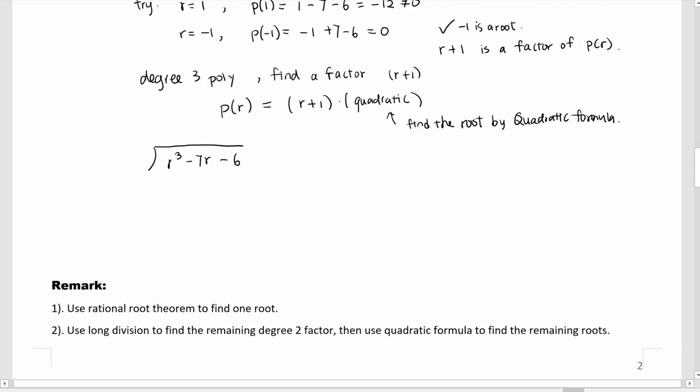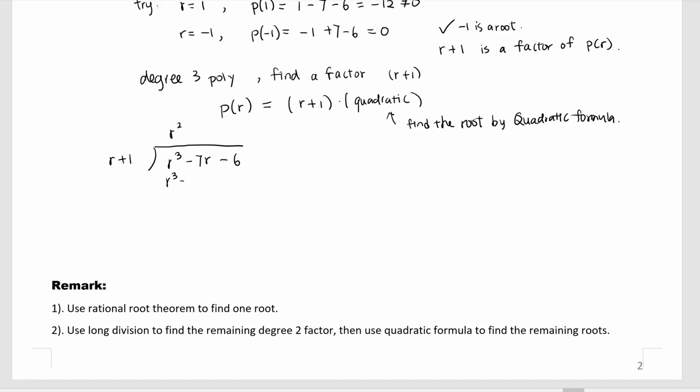That is divided by r plus 1. What multiplied by r gives us r cubed? r squared. r squared times r is r cubed. r squared times 1 is r squared. Use the first line, subtract the second line. Imagine here that there is a 0 r squared. So 0 r squared minus r squared, we get minus r squared. And we have minus 7r and minus 6.